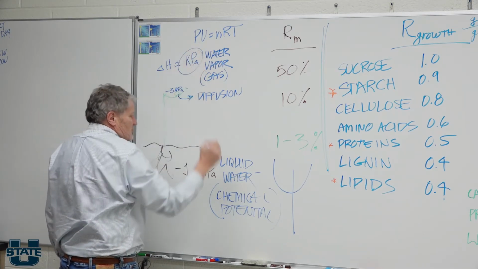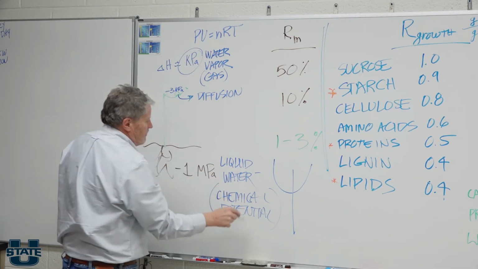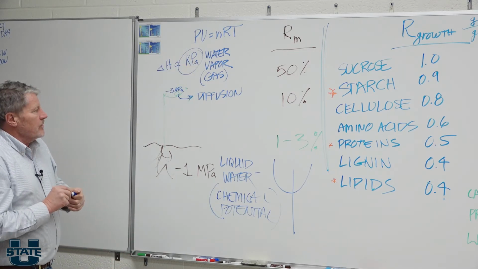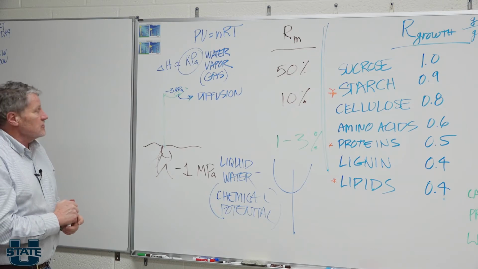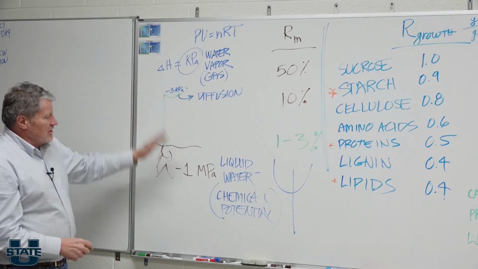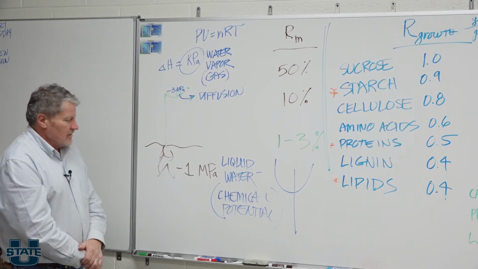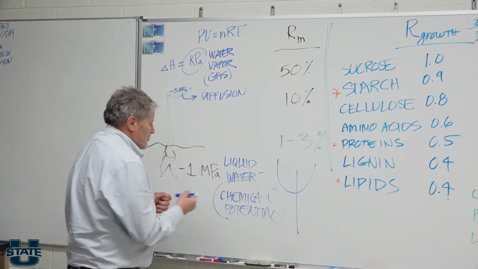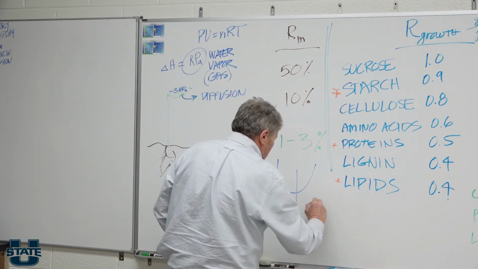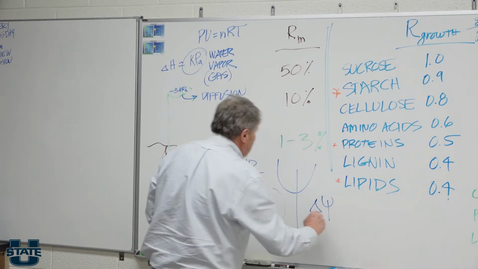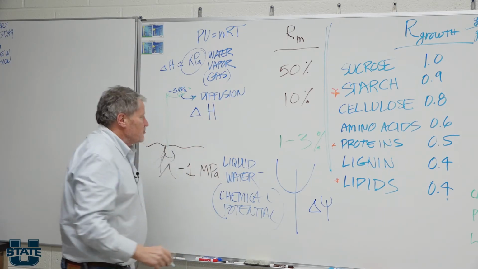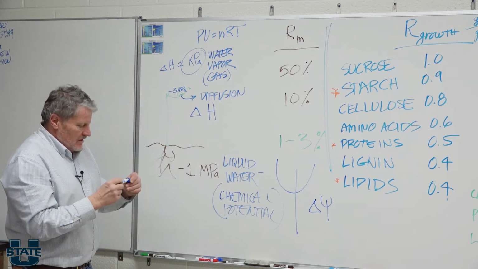So that's the difference: water potential versus gas movement, partial pressures of gases. And as soon as you see the conversion equation, you'll get that. The gradients over here are delta psi. For this one, we just call them delta H for humidity.